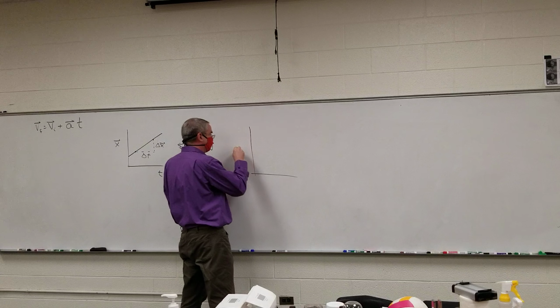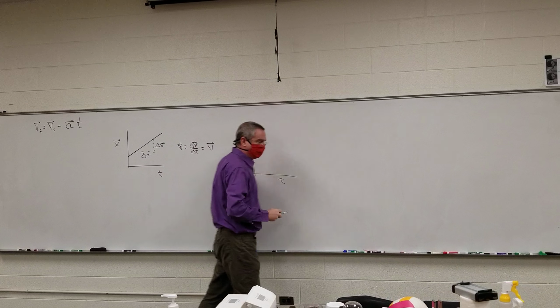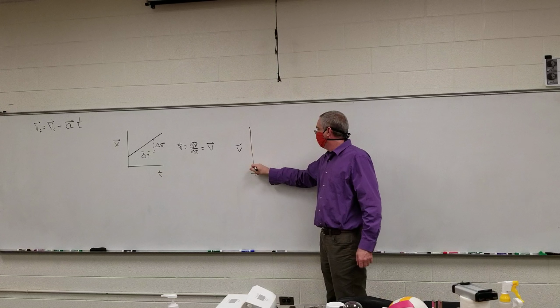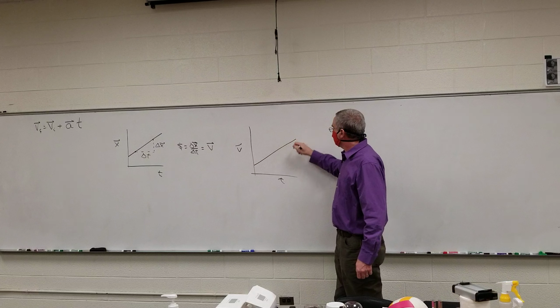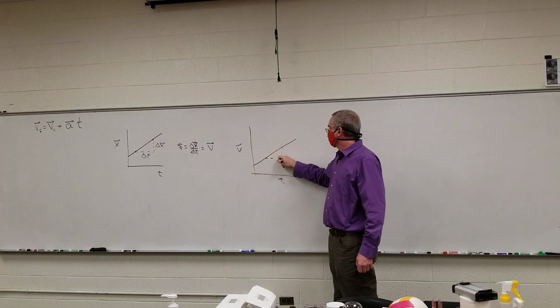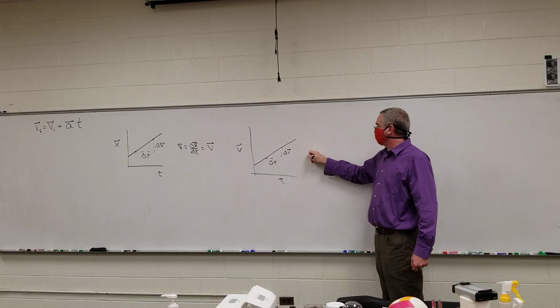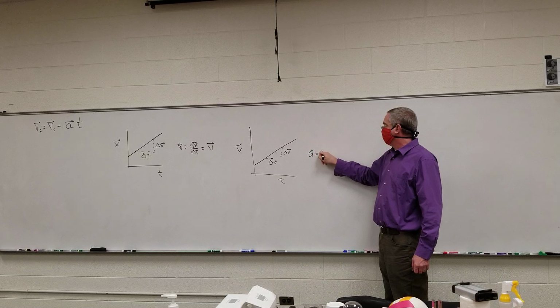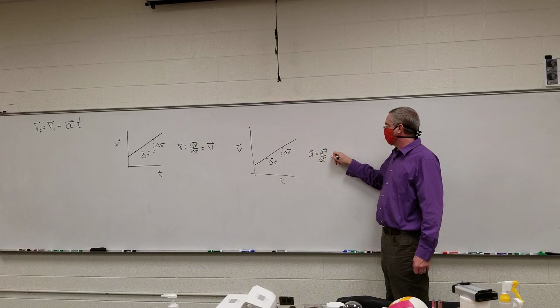By the same token, if I have velocity versus time, let's make that a straight line. Take 2 points. I have some change in velocity, some change in time, and so my slope, rise over run, is acceleration.